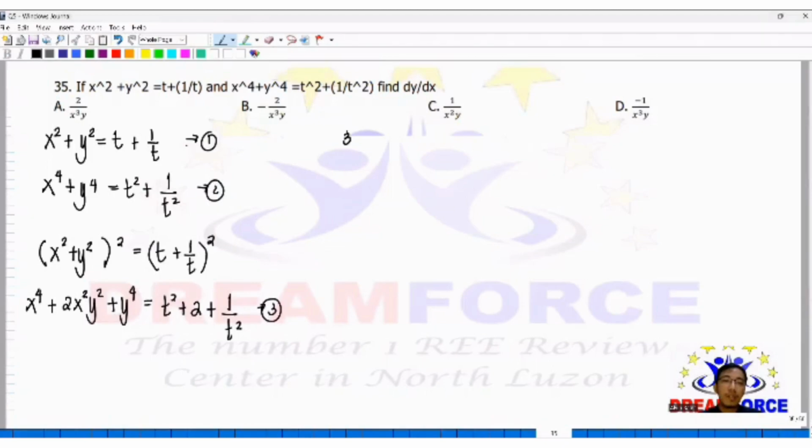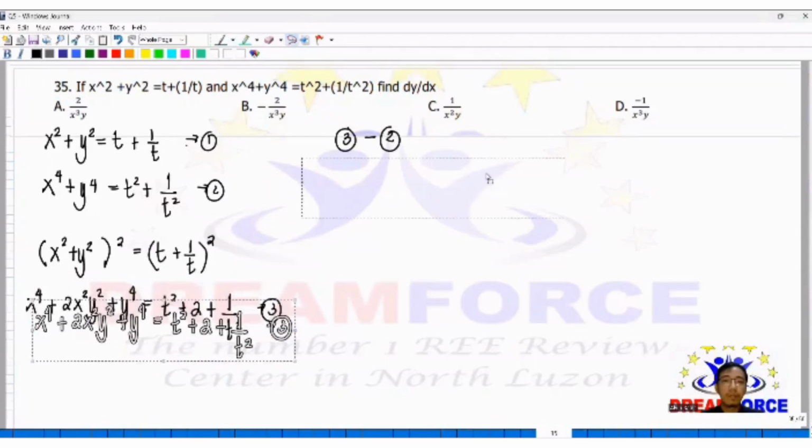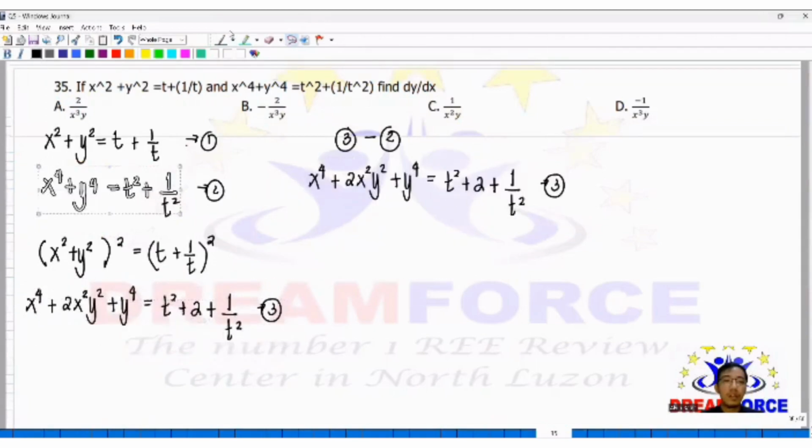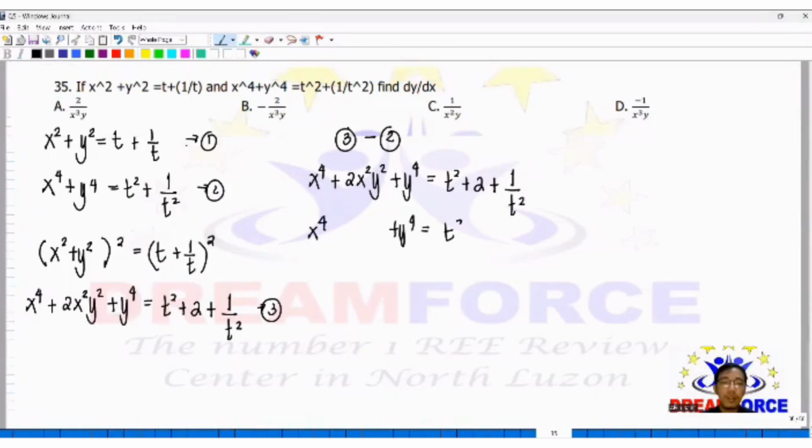Okay, ngayon, try natin i-subtract si equation 2 sa equation 3. Pagtapat-tapatin na lang natin ito. So, x raised to 4 plus y raised to 4, t squared plus 1 over t squared.